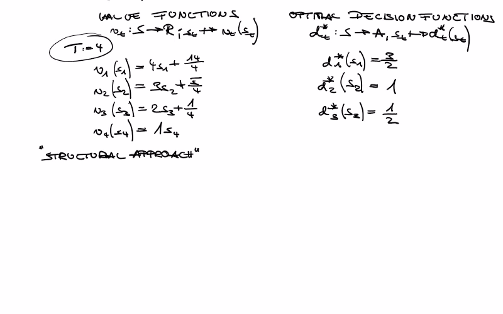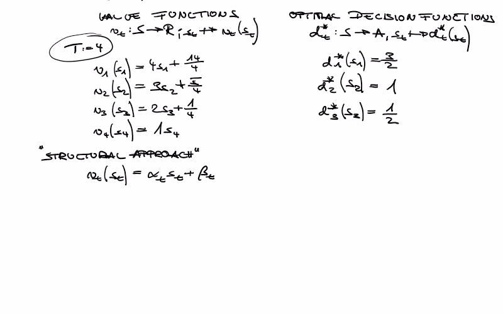Now, what is a guess for the value functions here? A guess would be that V_t(S_t) is of the form alpha_t S_t plus beta_t.